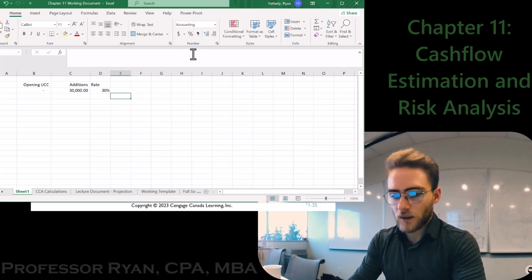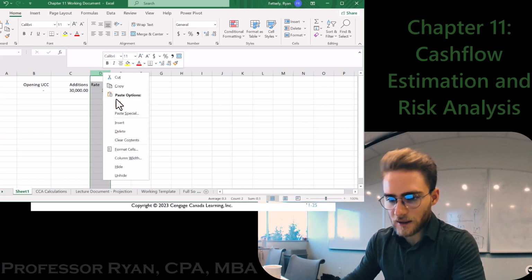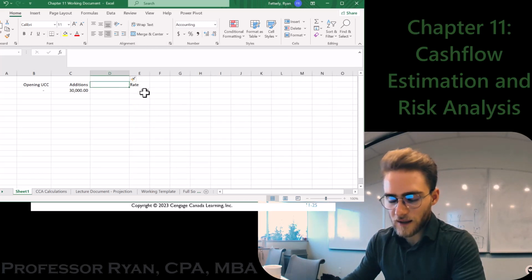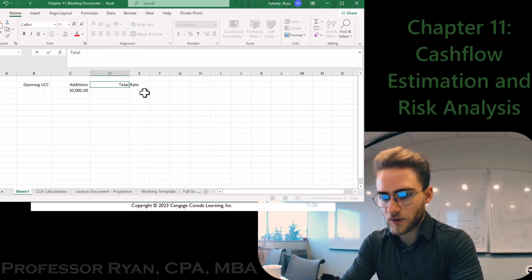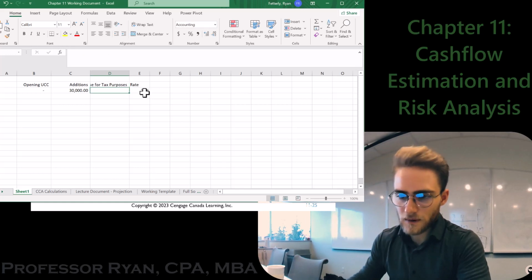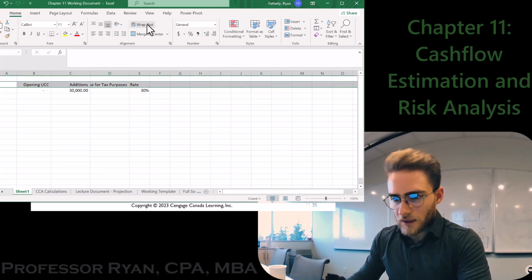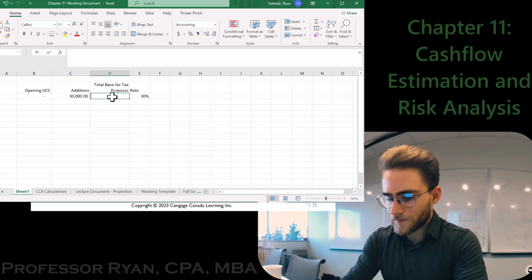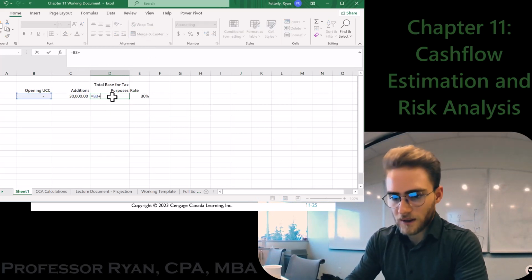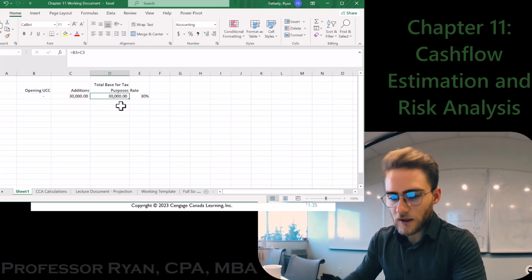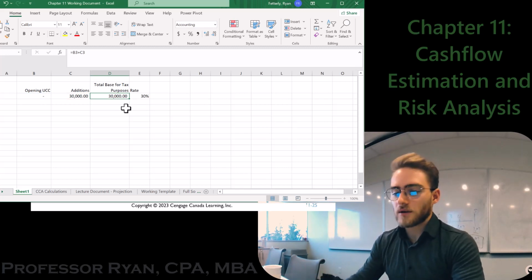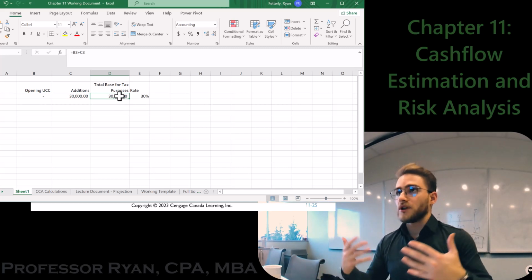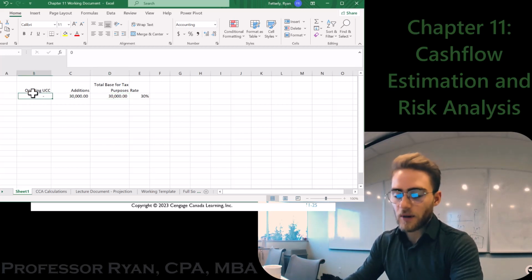So how this works, and I'll add in one more column to the left, and I'll call this our total base for tax. And I'll wrap text. Okay, so we have a total base of $30,000 that we can now draw our depreciation for tax purposes from, and that's comprised of our opening balance of 0 plus our additions of $30,000.